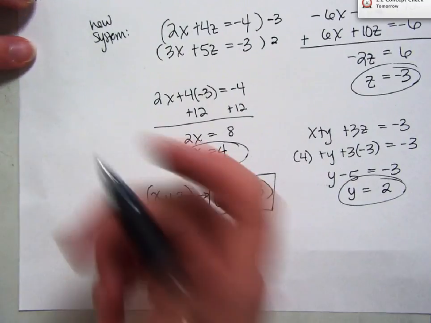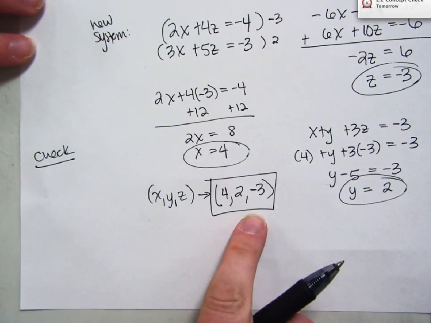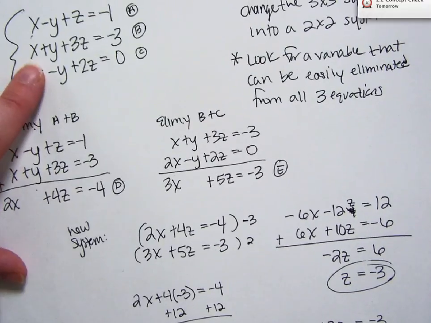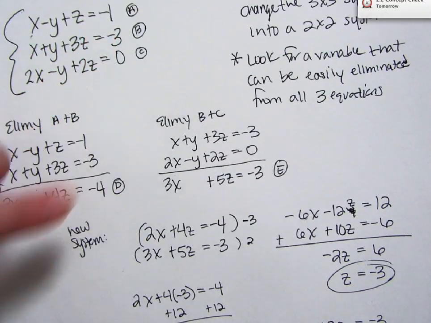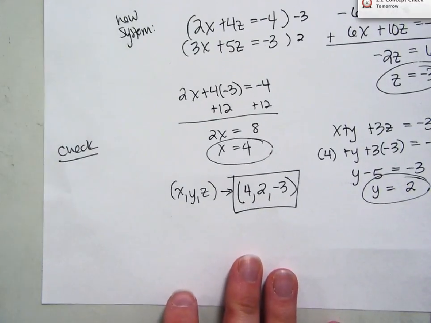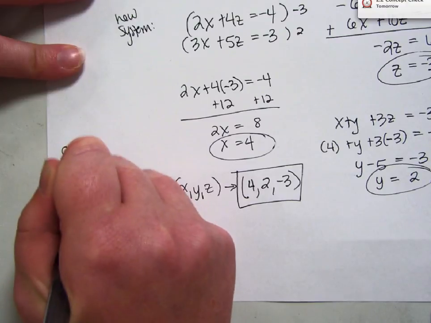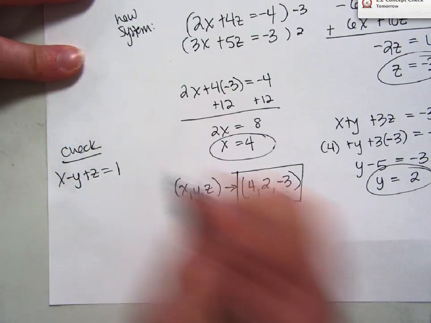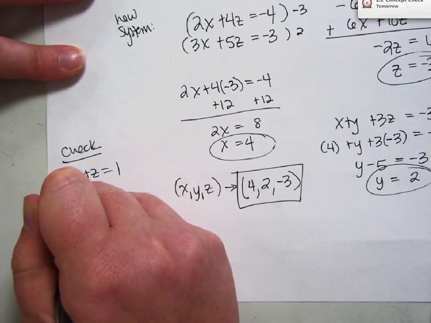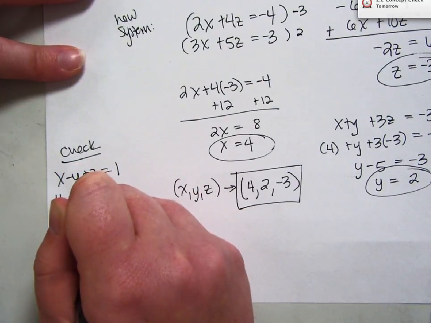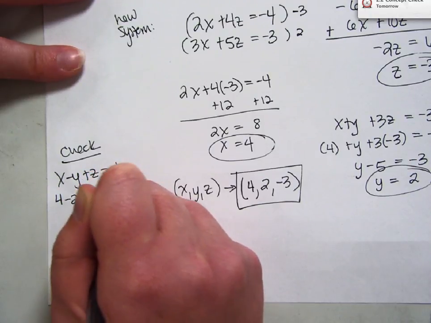If you want to check your answer, it's always a good idea to do that. What you can do is plug in the x, y, and z values into each equation and verify that it really is in fact a solution to each equation. So x minus y plus z equals -1. If we plug in our values, that would be 4 minus 2 plus -3.